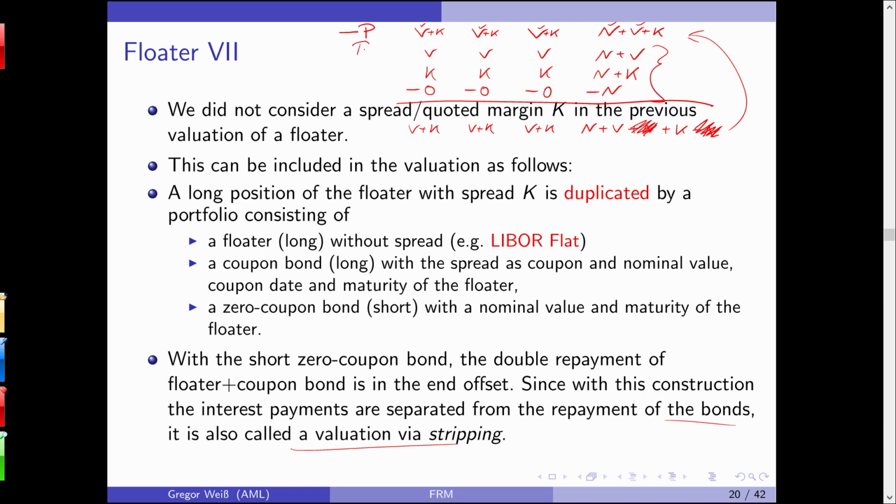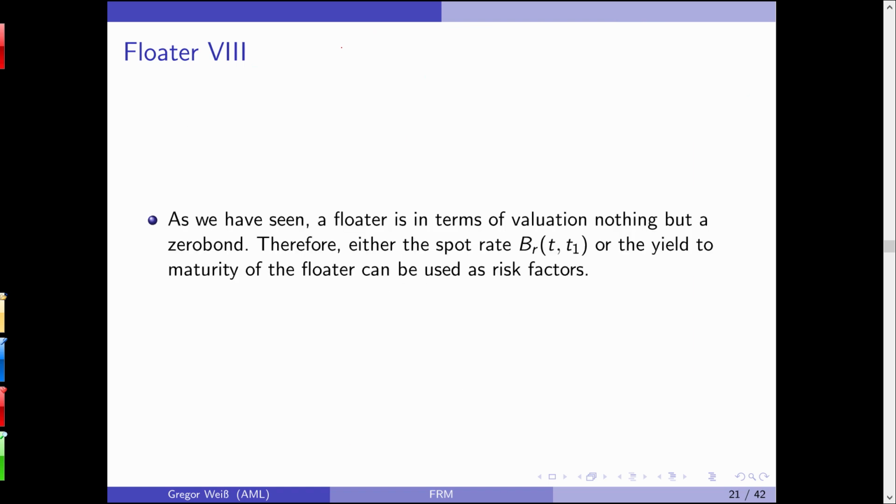So here you have P1, P2, P3, and then P1 plus P2 minus P3 should be the price of this floater with a credit spread on top. Now, as we've seen, the floater is, in terms of valuation, nothing but a zero coupon bond.